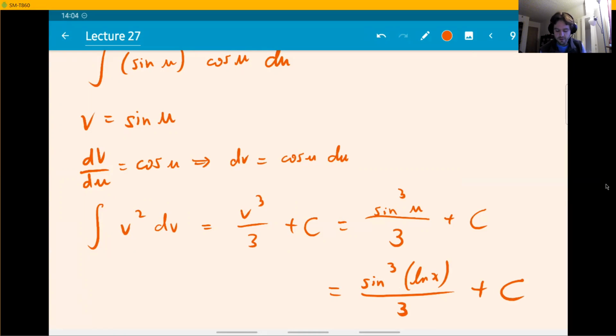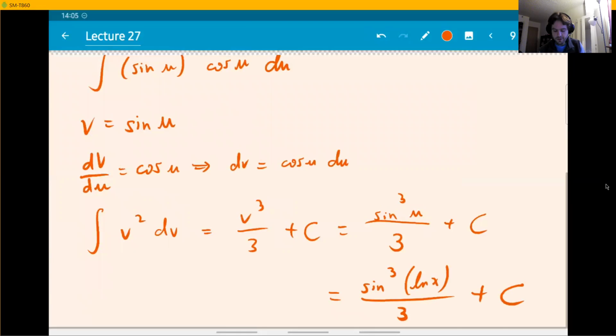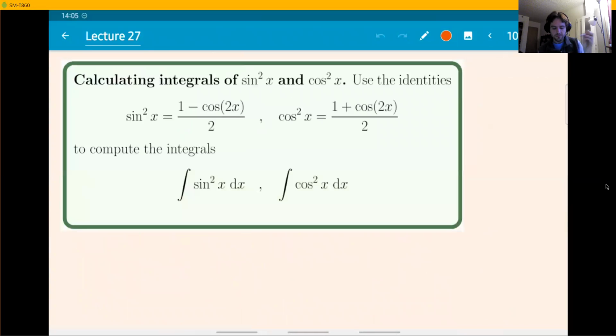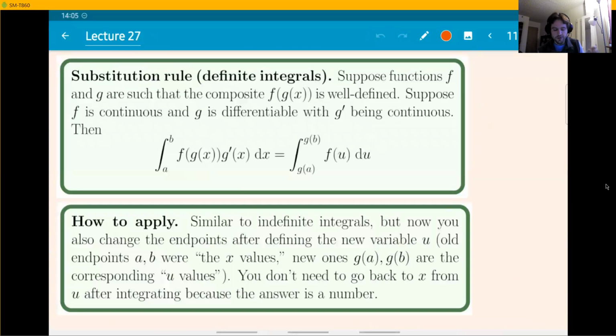It's really not that difficult to do u sub with more than 2 functions. It's the same procedure, just done twice or more times. I will leave this for recitation. This is going to be something important for later, but I think we should get to the definite integrals.